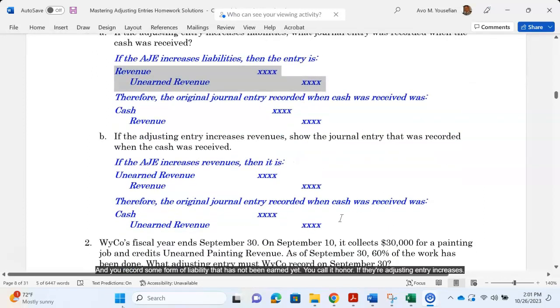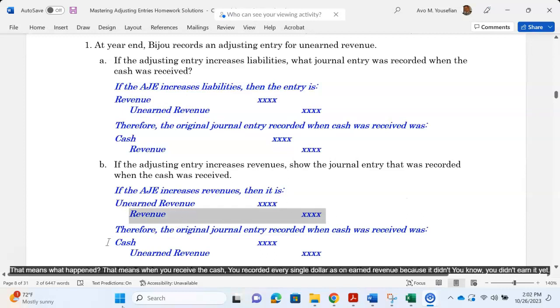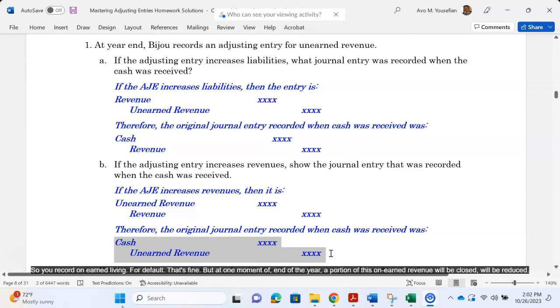If the adjusting entry increases revenue, then what would be the initial journal entry when you receive the cash? So if the adjusting entry is increasing revenue, that means you are crediting revenue, right? That means when you receive the cash, you recorded every single dollar as unearned revenue because you didn't earn it yet. So you record unearned revenue or deferred revenue.